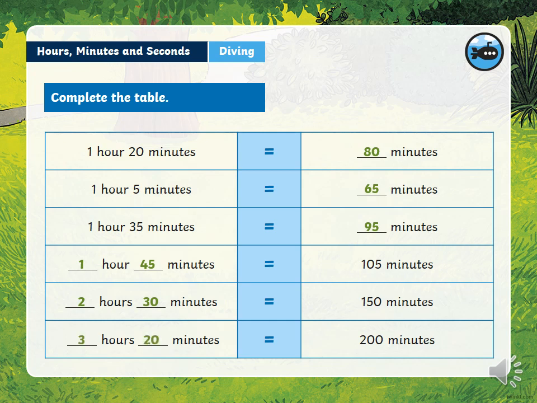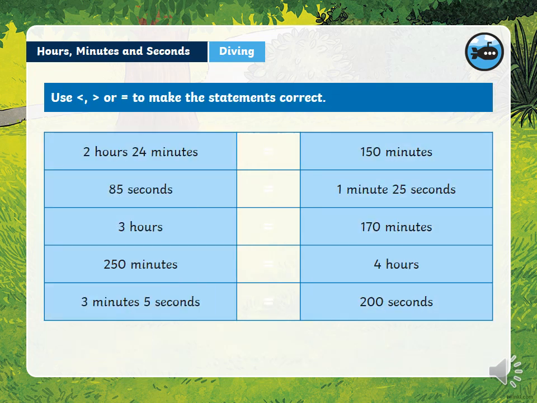and vice versa. Okay, so now using the greater than or less than or equal to sign, make the following statements correct. So what you can do is pause the video, draw the following table. Remember, when you're using the greater than or less than signs, a crocodile always eats the bigger number.